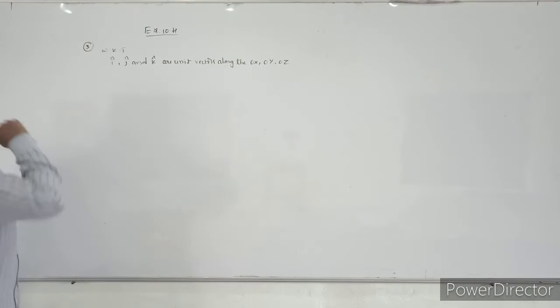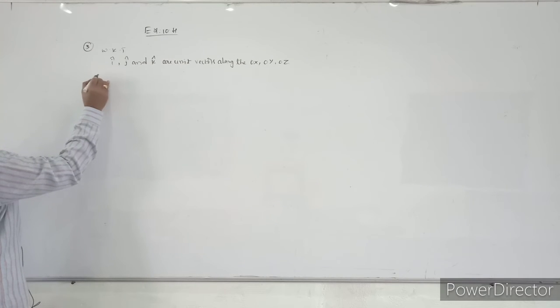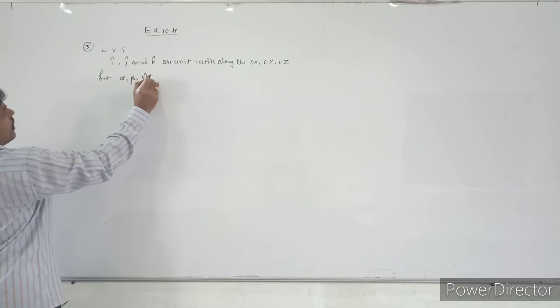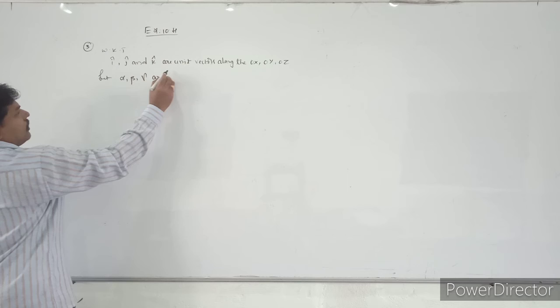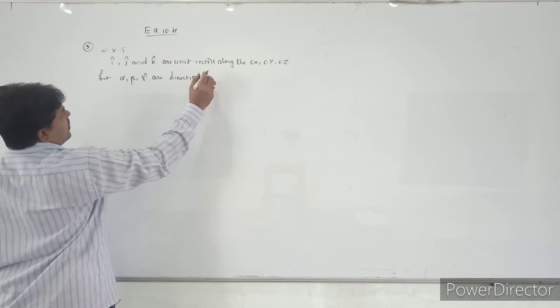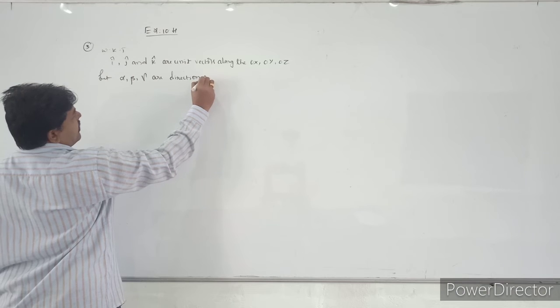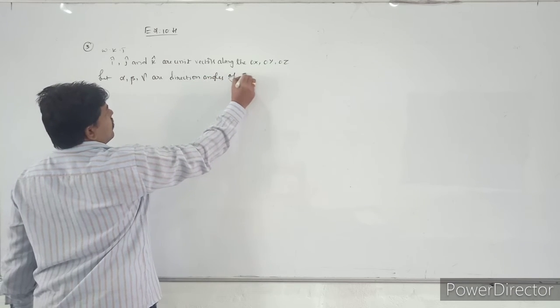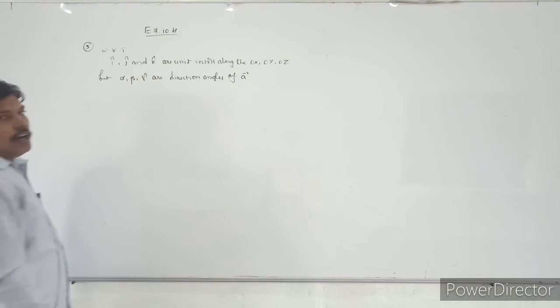So given, let alpha, beta, gamma be the direction angles of a bar.